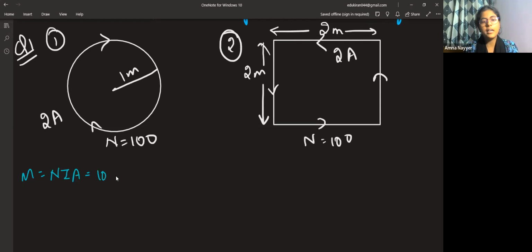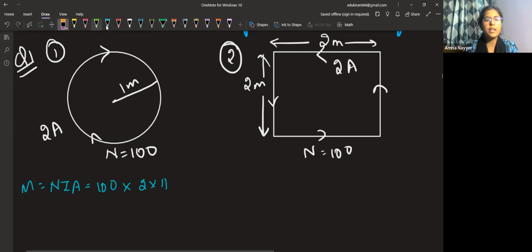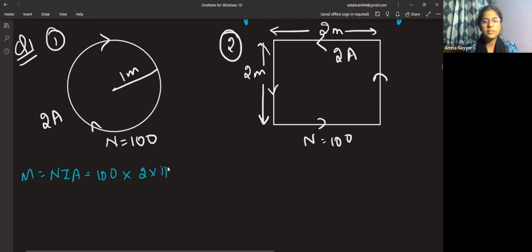Number of turns 100. Current is 2. Area pi r square. What is the radius? Radius is 1 meter. So 1 square, pi r square. This becomes 200 pi ampere meter square.